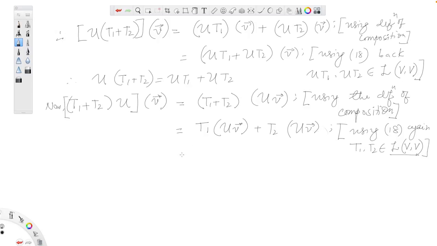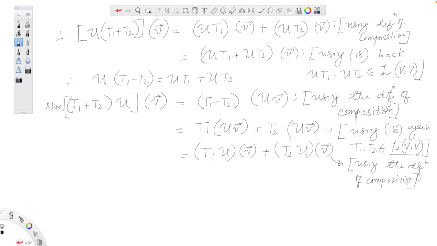Okay, good. Now, using the definition of composition, it can be written as T1 U acting on the vector v plus T2 U acting on the vector v.